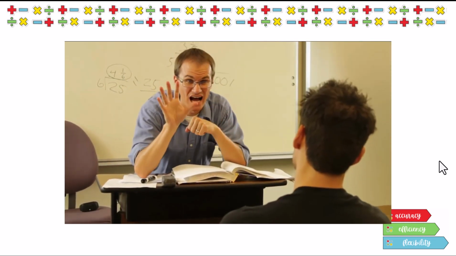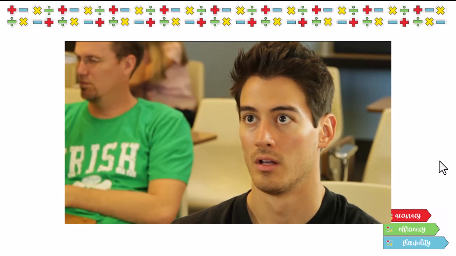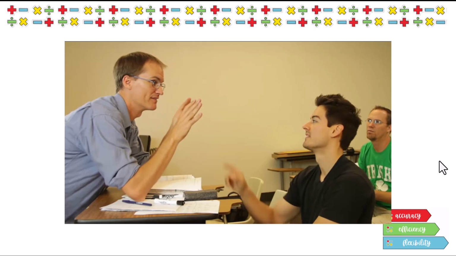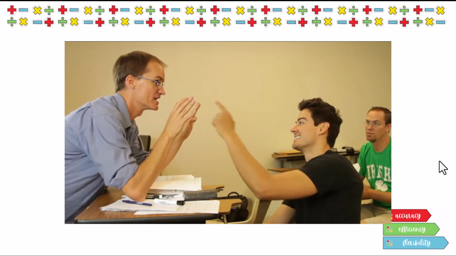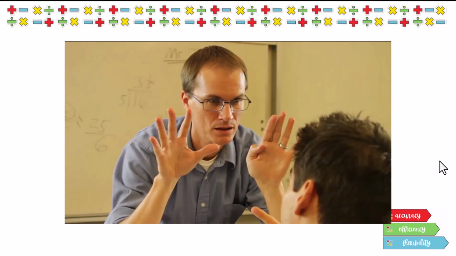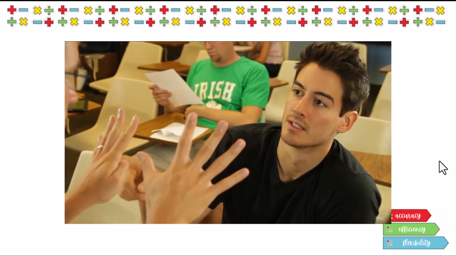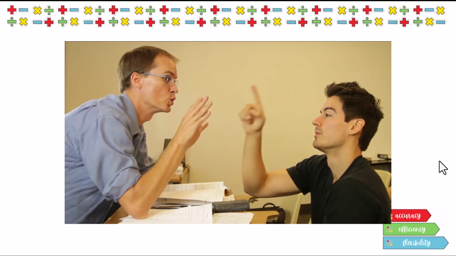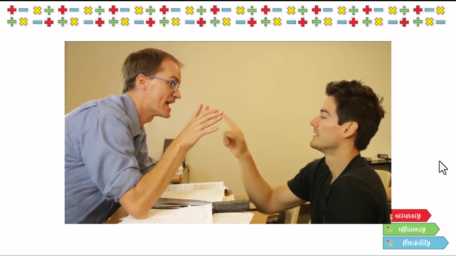What's 10 minus 1? I don't know. 1, 2, 3, 4, 5, 6. 6, 7, 8, 9, 10. Nope. Take away 1. How much is it? 1, 2, 3, 4, 5, 6, 7. Nope. 1, 2, 3, 4, 5, 6, 7, 8.